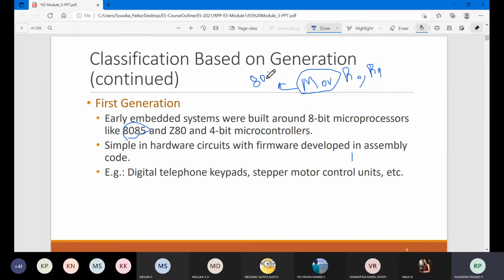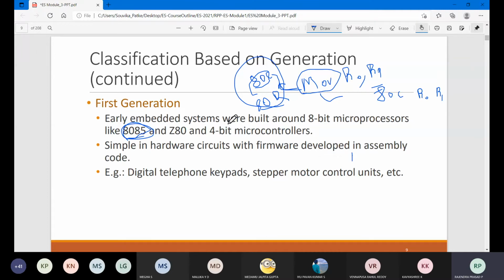So in my code, instead of writing MOV R0, R1, I would have written 80C R0, R1. So they will give us the opcode instruction code. They will write that 80 represents MOV, 80D represents move with a hash value. So this opcode was used to implement the program. That architecture was present in 8085.